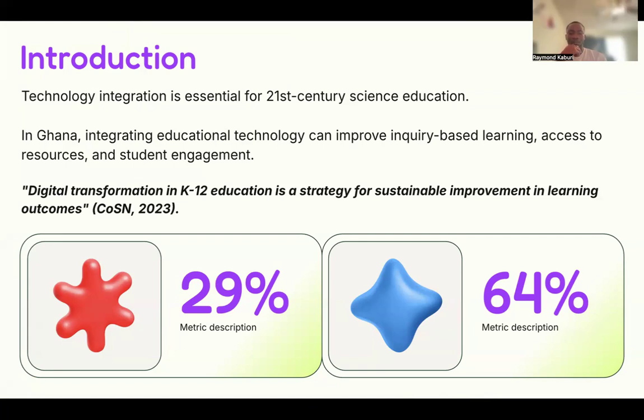This means that the challenge of technology integration in the teaching and learning of science is at an abysmal position in the case of Ghana.